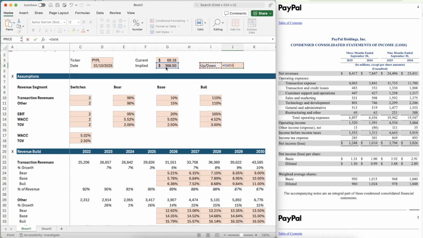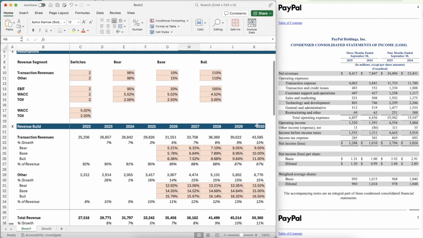Calculate the upside or downside. You do the implied divided by the current, minus 1. I mean, if this is true, yeah, there's a significant upside to PayPal.